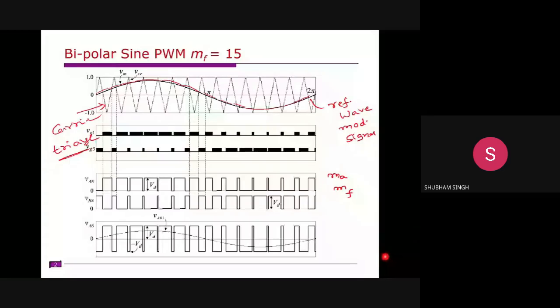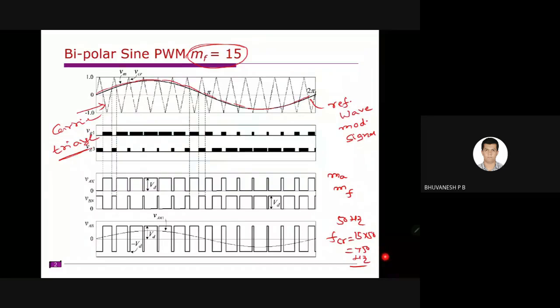Here this MF I have given is 15. So if I consider a 50 Hz signal as the modulating waveform, then the corresponding carrier frequency is 15 into 50, that comes out to be 750 Hz. So this is the carrier frequency.